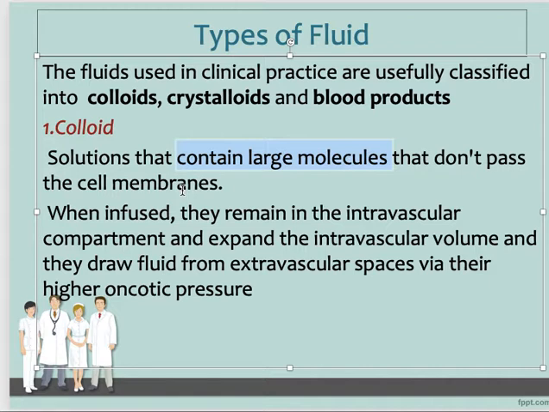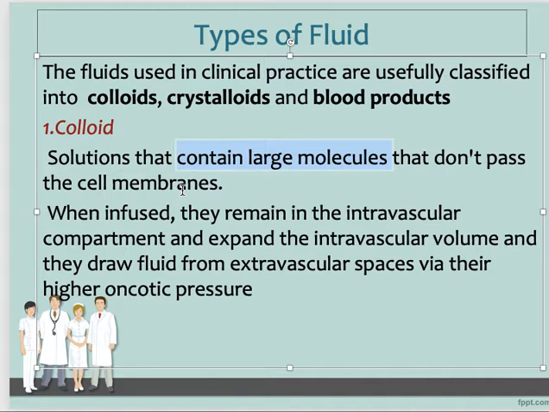For example, if someone had a trauma or a road traffic accident or a stab wound, and one of their vessels has a cut, what will happen? Of course they will start losing fluid and blood.